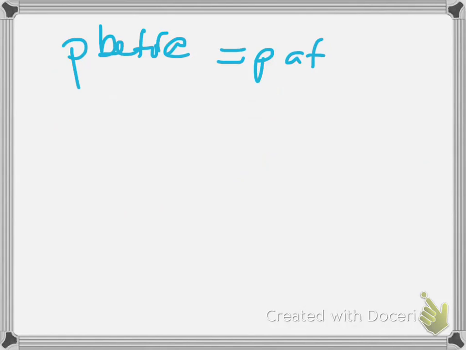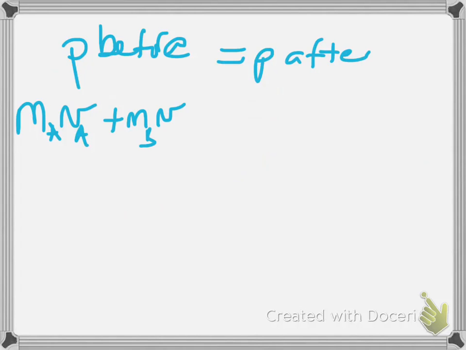So we start out with momentum before equals the momentum after. That's the mass of cart A times its velocity plus the mass of cart B times its velocity equals the after scenario.